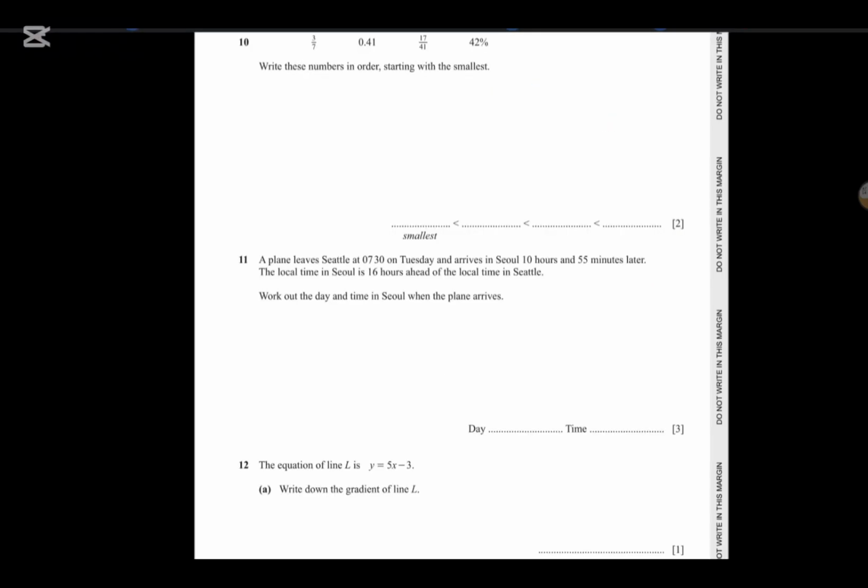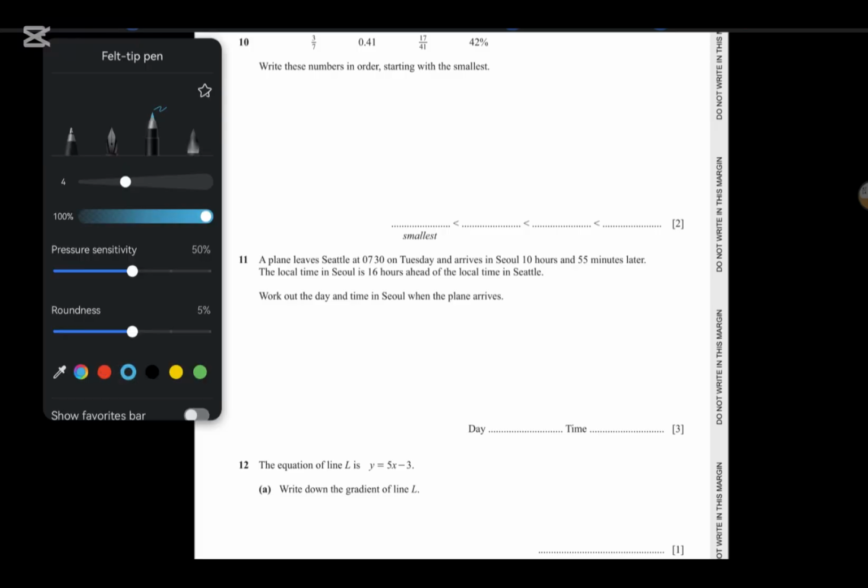Question number 10. 3 by 7, 0.41, 17 by 41, 42%. Write these numbers in order starting with the smallest. When you have been given fractions and decimals, and the last one is a percentage, you have to change all of them into decimals.